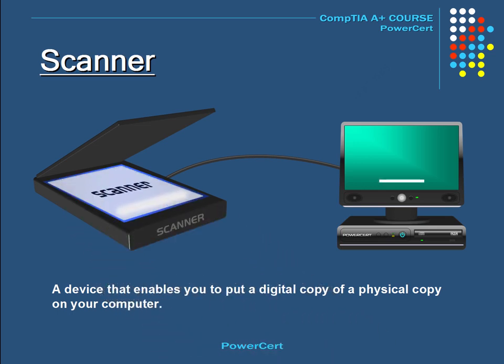Scanners would typically have a flat bed where you can place the photo or document face down, and at the press of a button, it will scan it for you. As the scanner moves across the document or photo, it saves the image to your computer. Scanners will typically come in a combination with a printer, or you can also purchase a scanner all by itself.